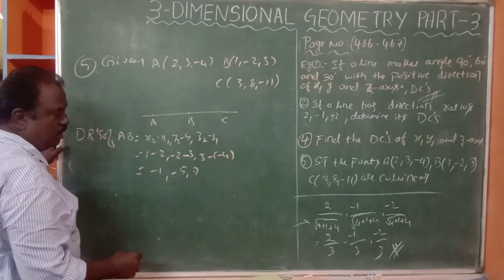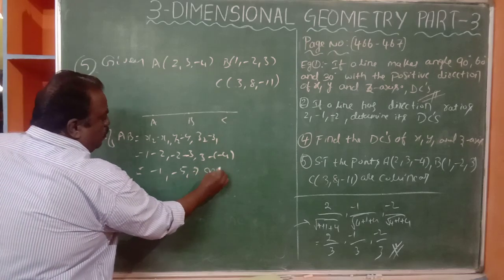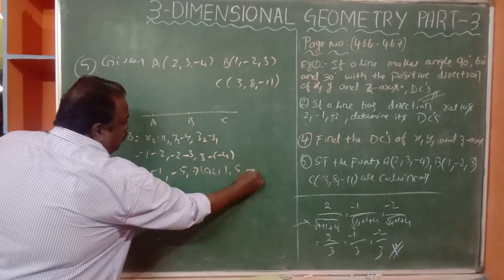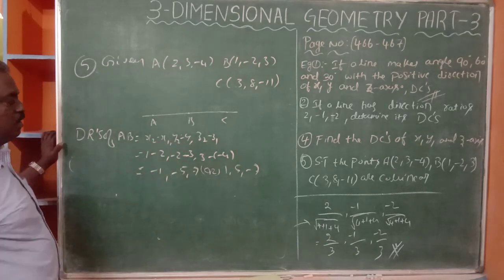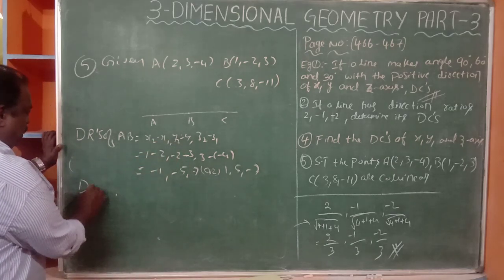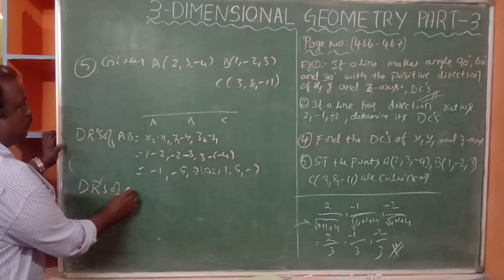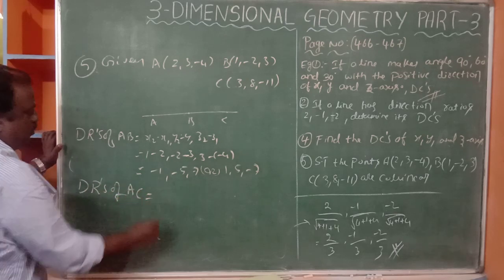So these are the DRs. Or we may write it as 1, 5, -7, multiplying by -1, making it some order one.